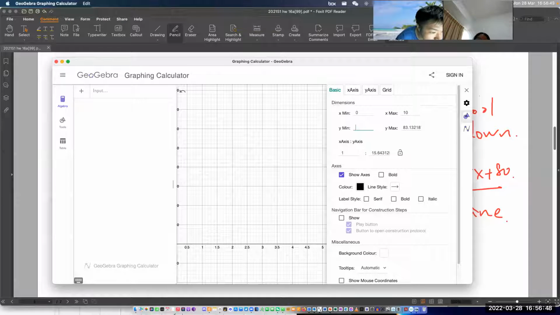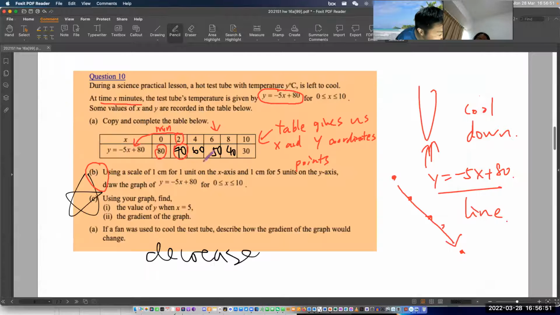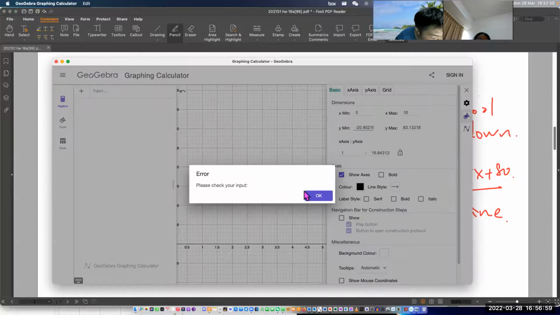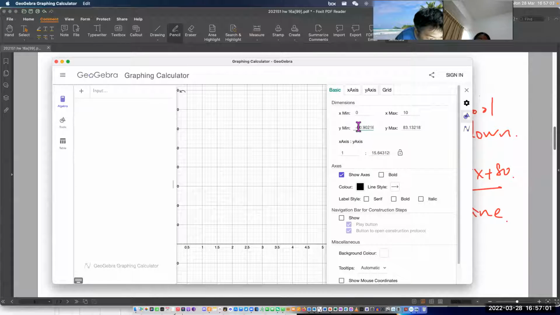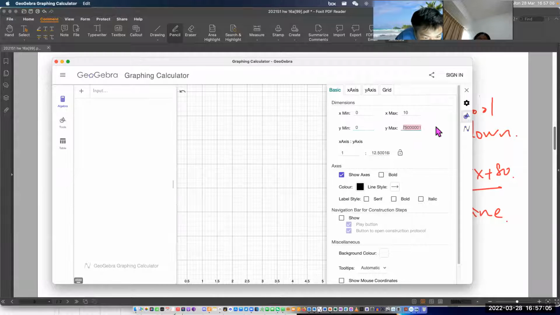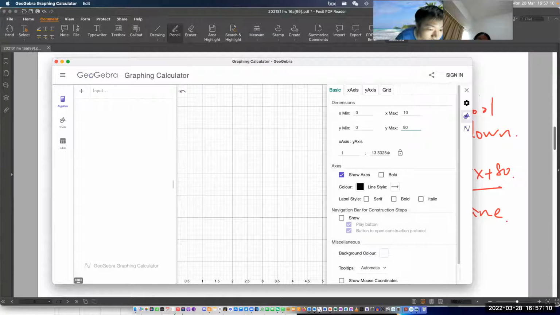And then for the Y, let me just look at the question. Y minimum is 30. Can you see? Instead of 30, I put 0, better. The max is 80, I remember, so I give myself some allowance and put 90.